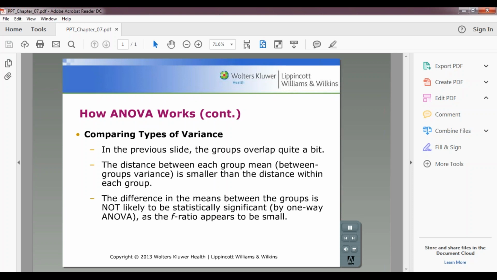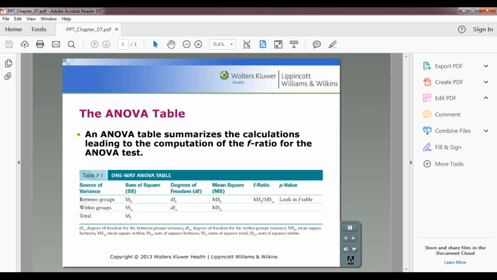So when the distances are smaller and the means are much closer, you're not going to find statistical significance. So in other words, the differences did happen by chance.